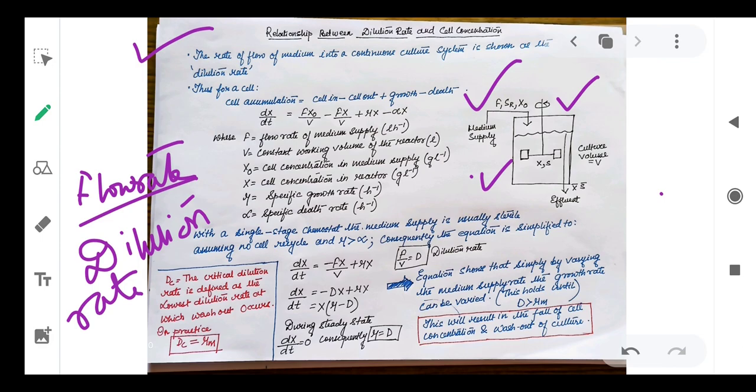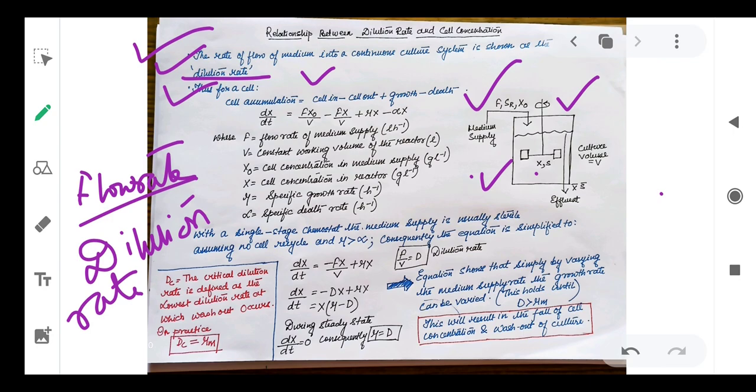First, the rate of flow of medium into a continuous culture system is shown as the dilution rate. Now, if you see the equation very carefully, we are trying to find out the cell accumulation in the vessel. For that, what are we taking into account? Cell in, that is how many cells are moving inside the vessel.